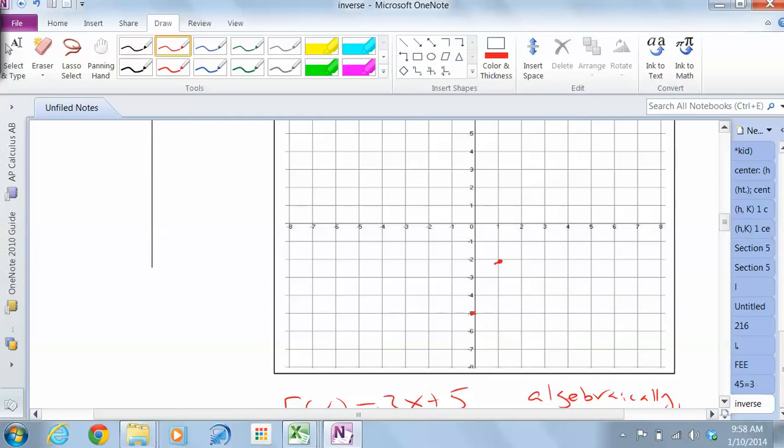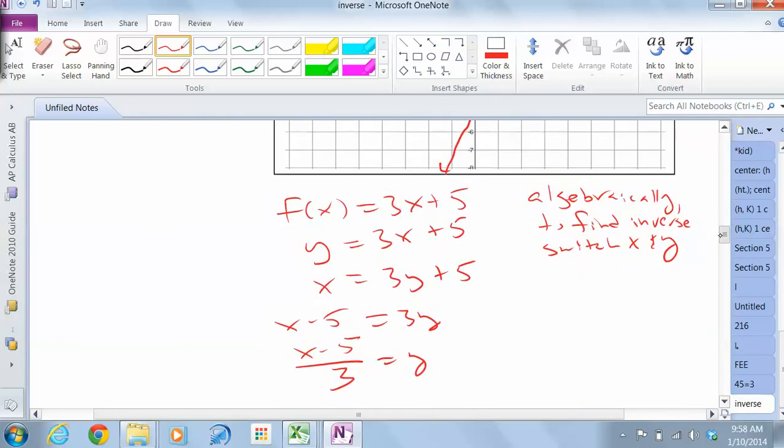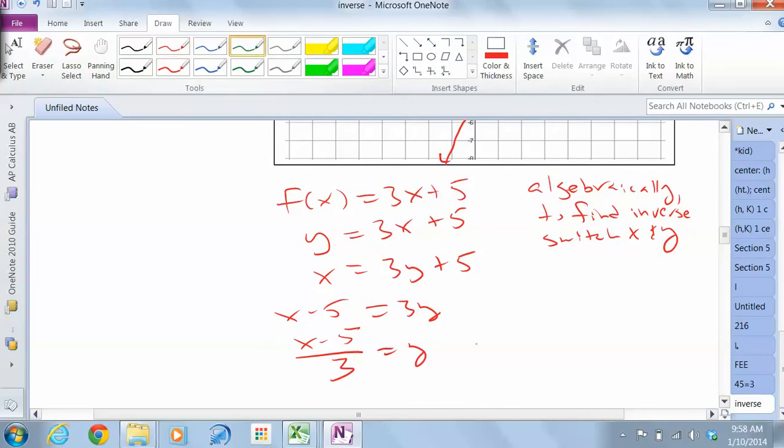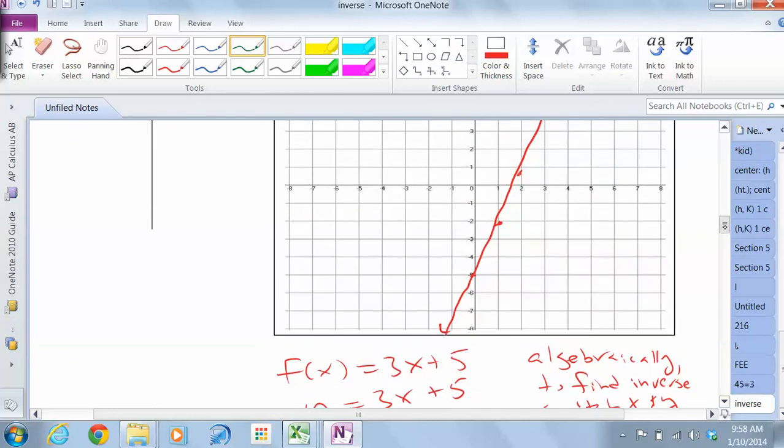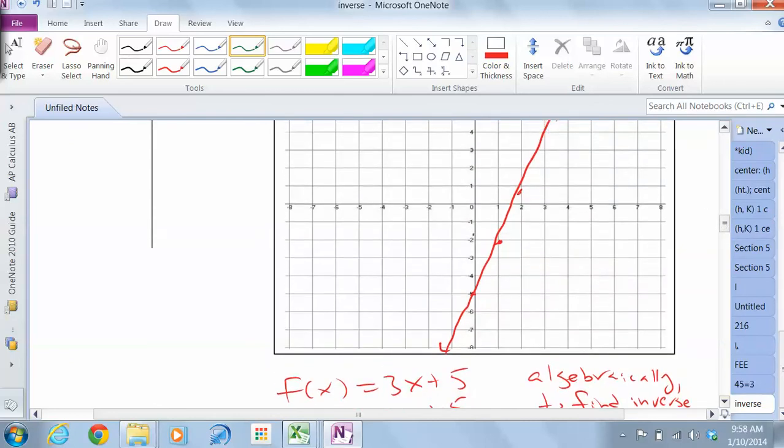Up 3 over 1. And then for this function, that's like saying y equals 1/3 x minus 5/3. We go up 1 over 3.